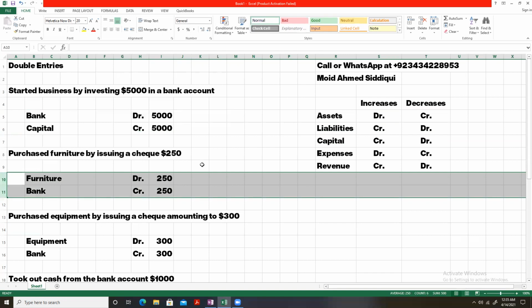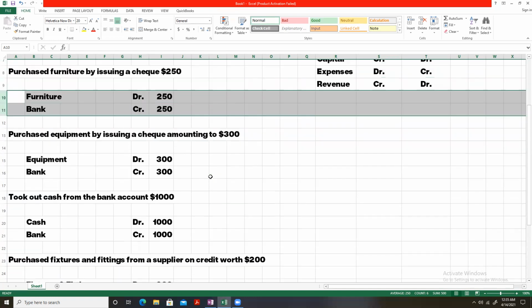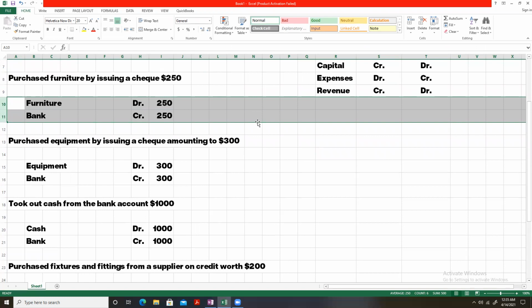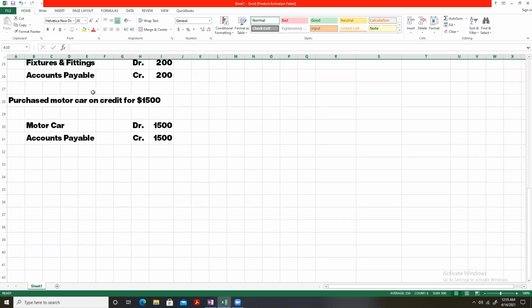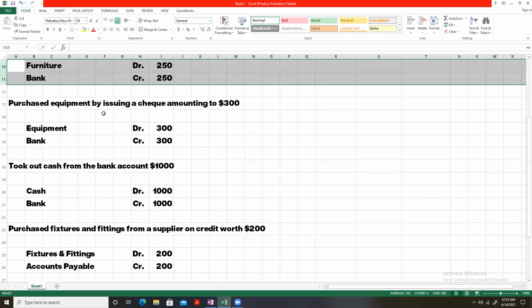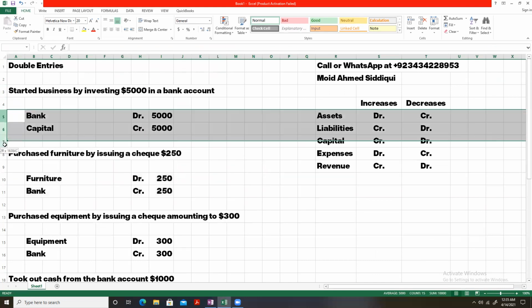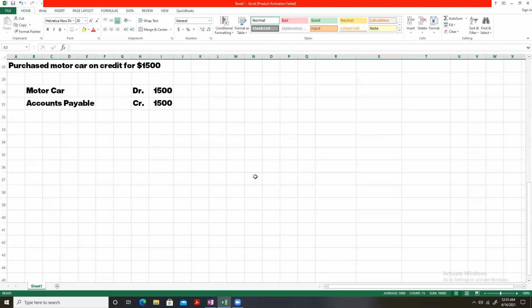This is how we record the transactions that we do in the business, in accordance with the rules of double entry bookkeeping, or you can say the rules of debit credit. So these are the transactions and these are the double entries for these transactions that I mentioned.